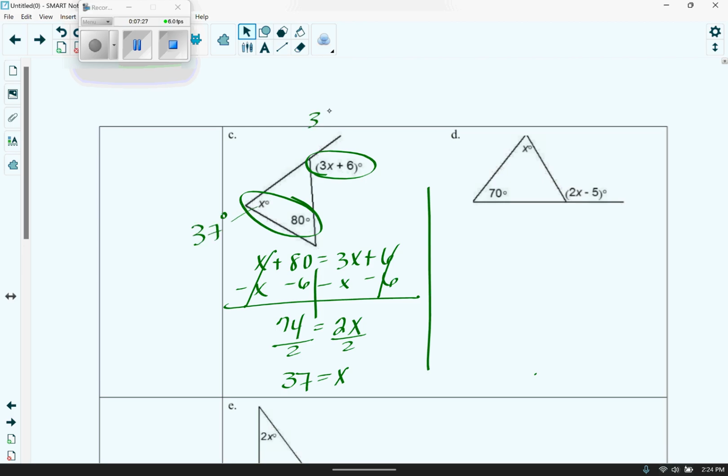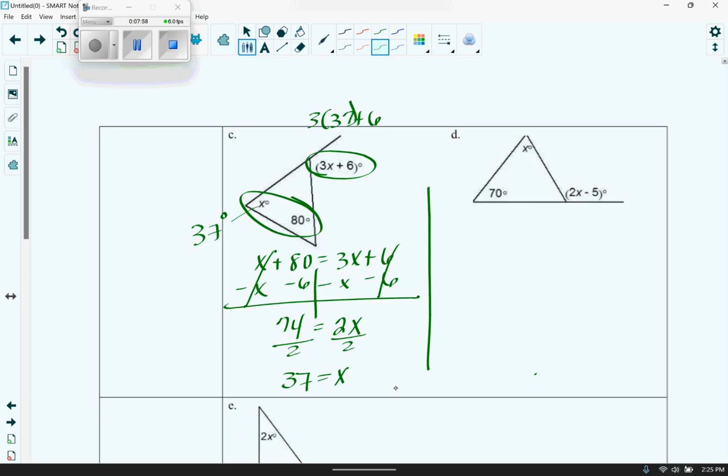However, this would be 3 times 37 plus 6. Oops, I wrote that a little bit wrong. Get my eraser out here. There we go. So 3 times 37 is 111.